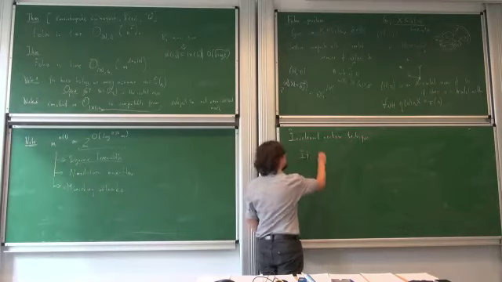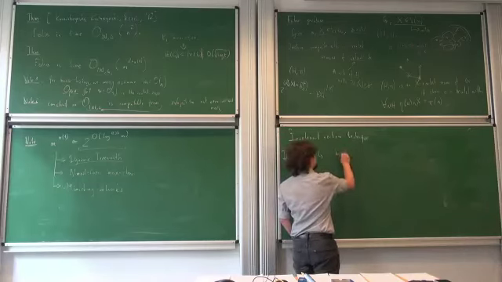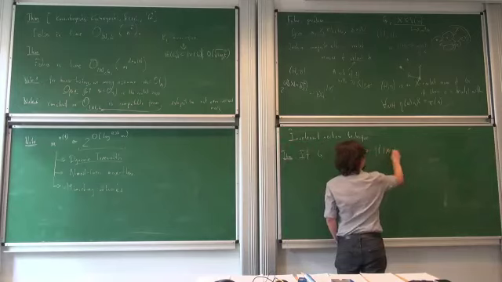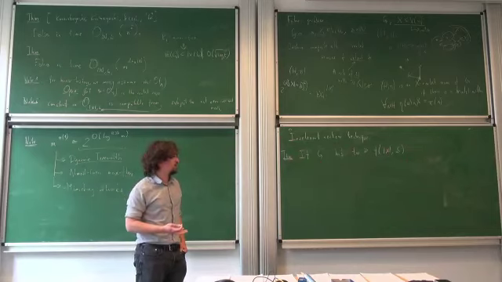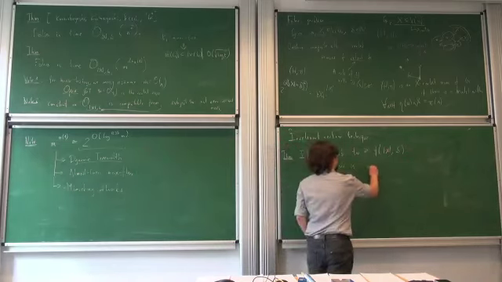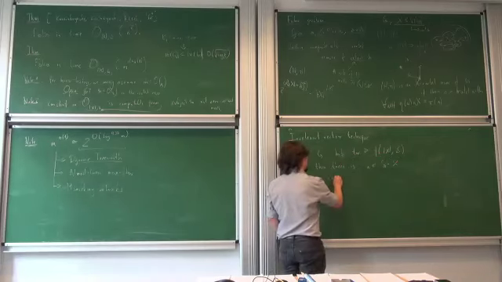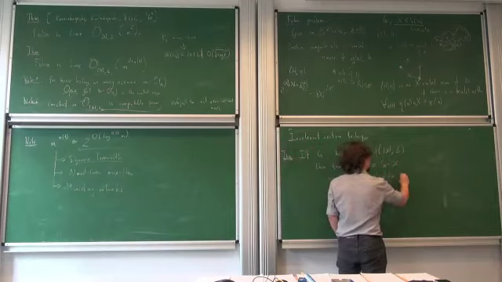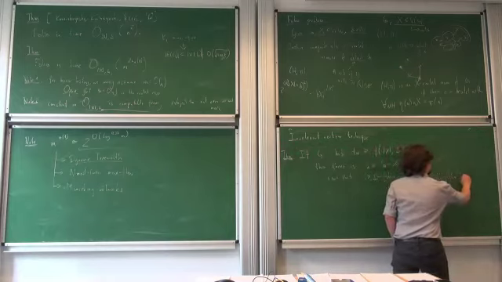Theorem: if G has tree width larger than or equal to some function of x and delta, so if the tree width of my graph is large enough compared to the parameters of our problem, then there is a vertex u outside of the roots, outside of x, such that the x-delta folio of G, the thing that we want to compute, is equal to the x-delta folio of G minus u.